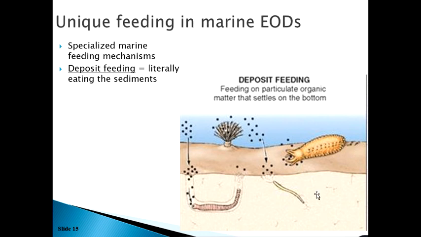On land, we have things that do this. So if you've ever seen earthworms in mud or in dirt or in your garden, earthworms eat dirt, and then they poop out little pellets of cleaner dirt on the other side. So this does exist on land, but in the oceans, it is a dominant way of eating or processing foods.